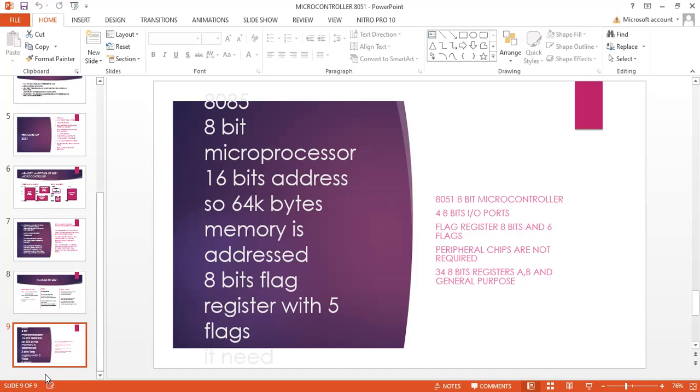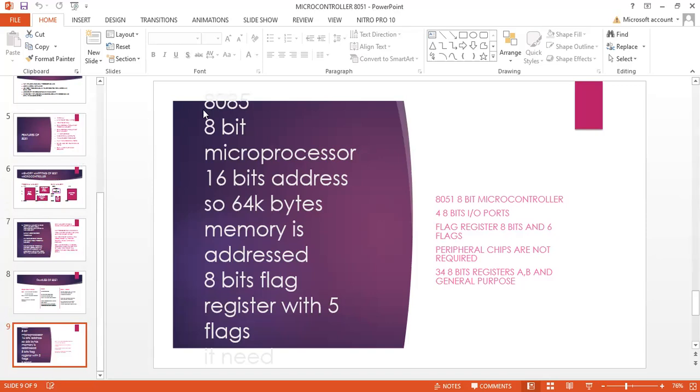Microcontroller includes RAM, ROM, IO ports on a single IC. Microprocessor does not contain the IO ports or the internal RAM or ROM. Microcontroller based systems are cost effective, whereas microprocessor systems are very expensive. Microcontroller does not need the peripheral devices. Here you need the peripheral devices. Okay. So those are the points of differences.